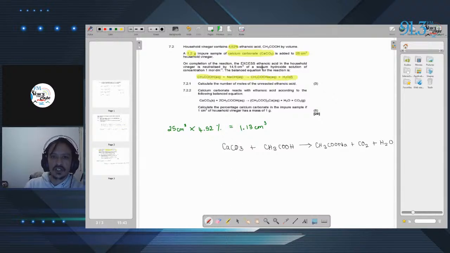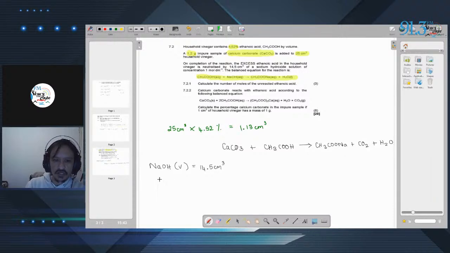So on completion of the reaction, the excess ethanoic acid is neutralized by 14.5 centimeters cubed of sodium hydroxide. So we know that the volume of NaOH that we used to react it is 14.5 centimeters cubed. That was to neutralize the rest, right?